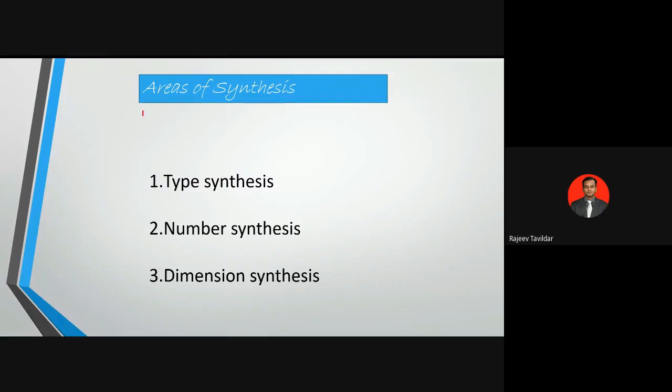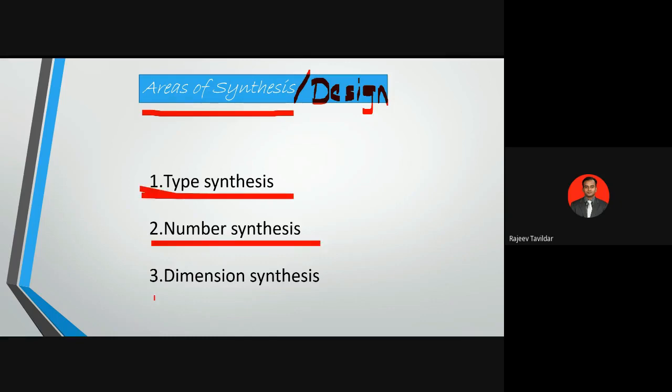There are three different categories, or you can say three different areas, of this synthesis. Let me write this. Synthesis and design are one and the same. Areas of synthesis or areas of design: the first one is known as type synthesis, the second one is number synthesis, and the third one is dimension synthesis.